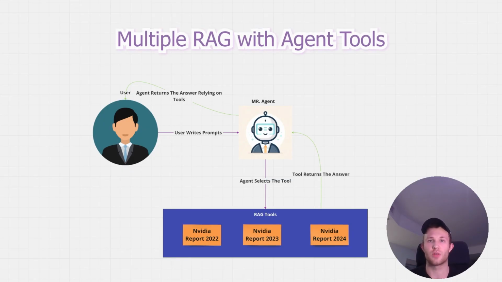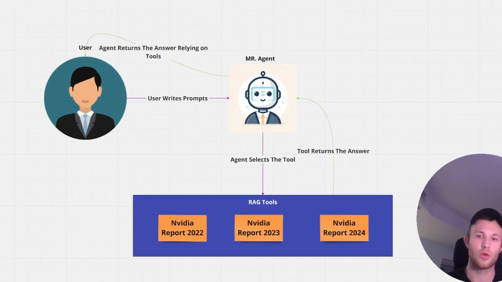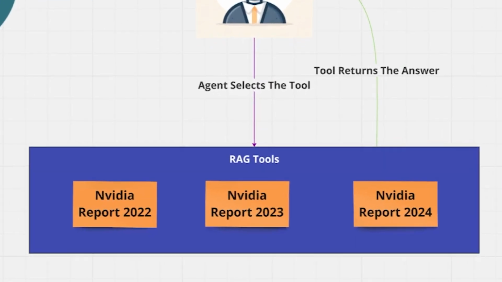So here, what we need to do is we need to have the user agent that will select a specific tool that will correspond to the specific RAG. So you can see here we have the three RAG tools, and each of them corresponds to the specific annual report. In this case, every tool will have the description that will provide enough context for the agent to understand that we actually want the information from the report that was published in 2022, right?